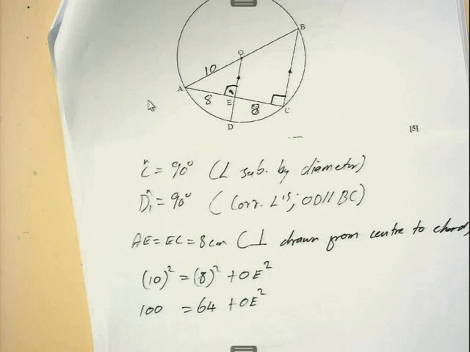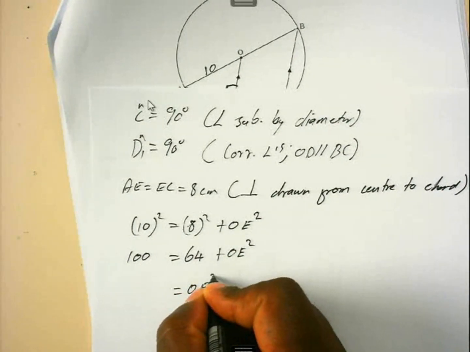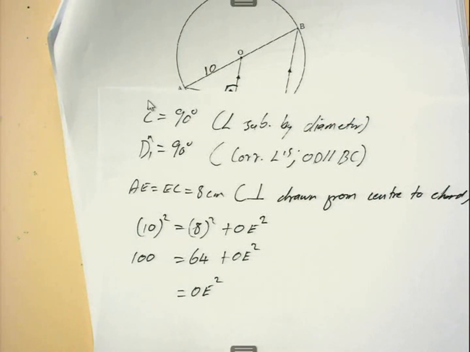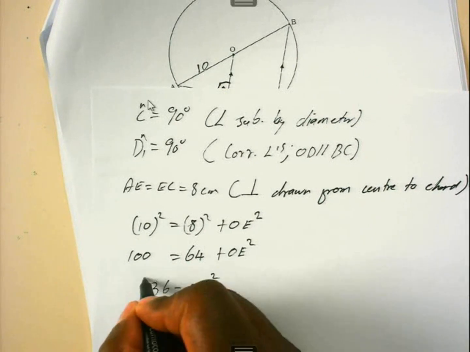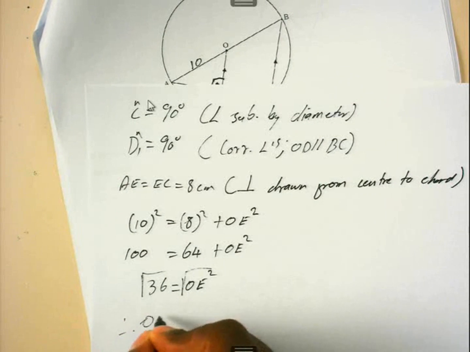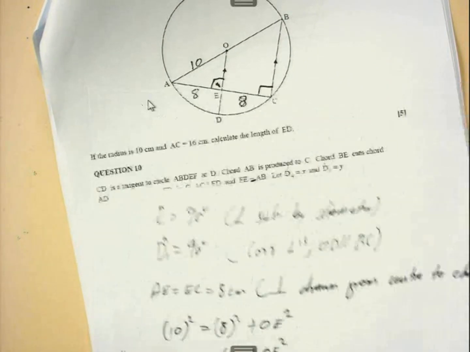Now you transpose. You are left with OE squared on the right-hand side. 64 you transpose to the left, 100 minus 64, you're left with 36. Then you determine the square root of both sides. Therefore, OE will be equal to 6 centimeters.